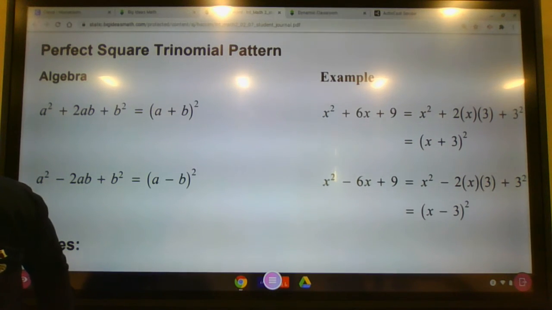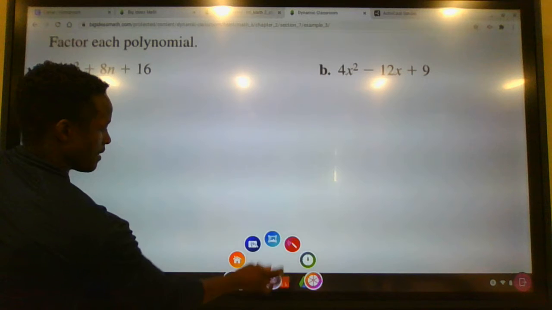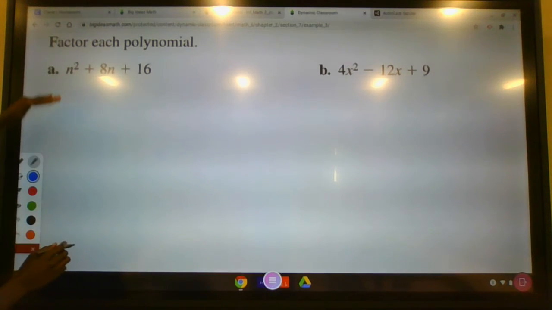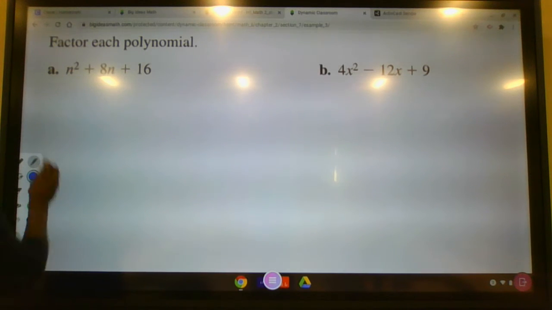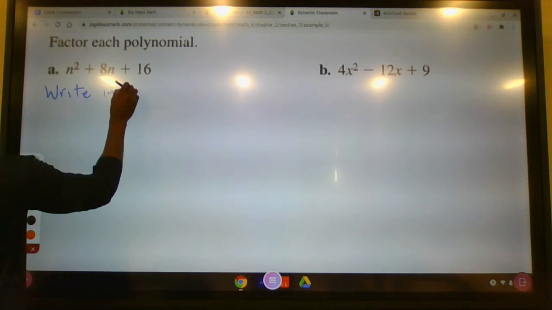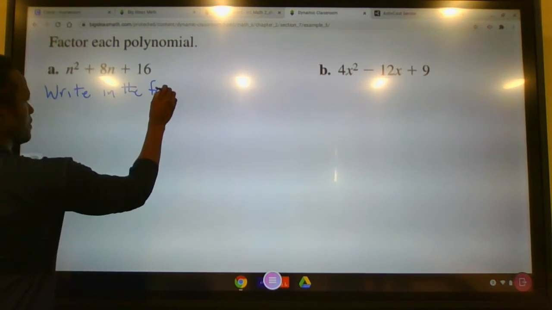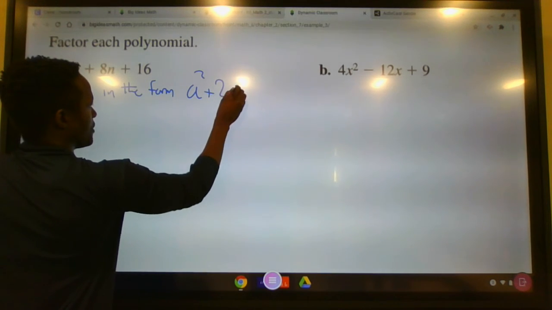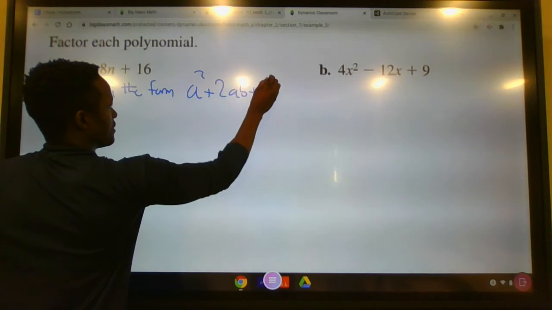Let's take a look at some examples. For our first example, it's very important for us to remember that if this is a perfect square trinomial, then we can write it in the form a squared plus 2ab plus b squared.